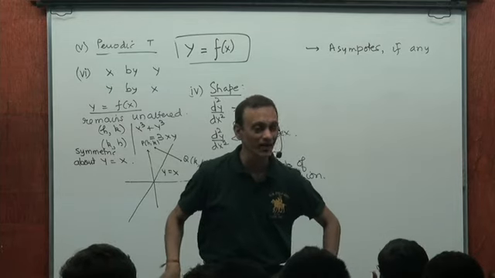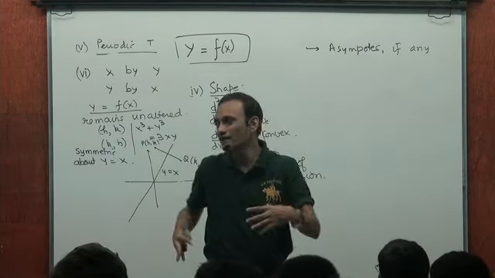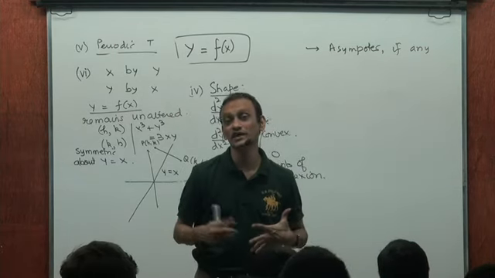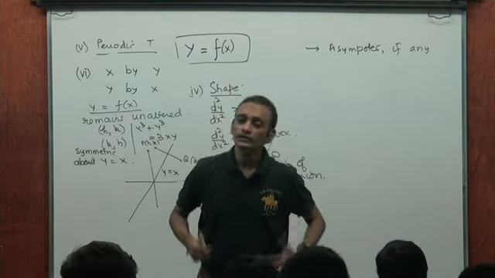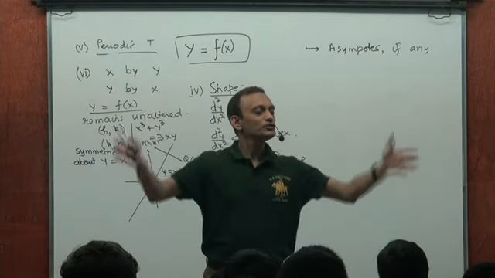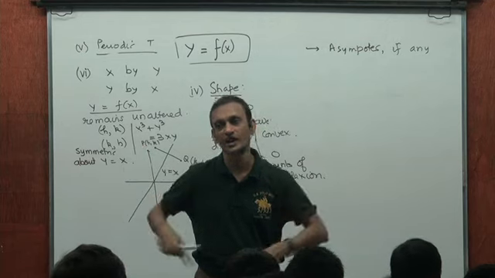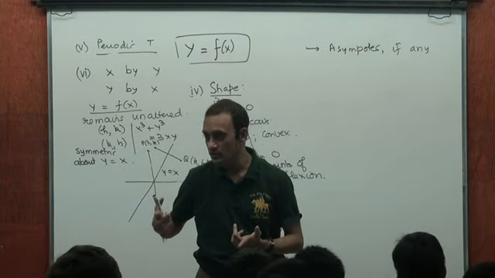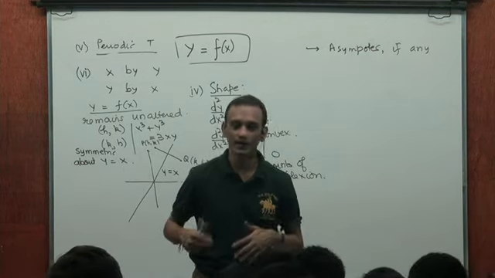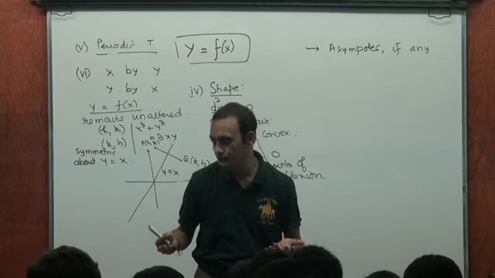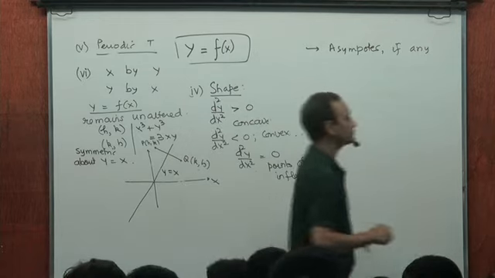Like we did in hyperbola, remember? We first drew the asymptotes, it was easier then to trace the curve. So if there are asymptotes, then for the sake of getting a more accurate look of the graph, first draw the asymptotes and then trace the curve. That's the first thing, if there are asymptotes, vertical or inclined, as the case may be. All of you understand this?